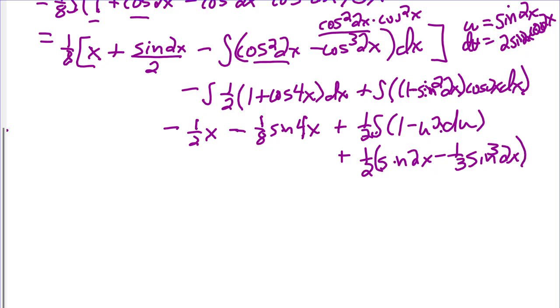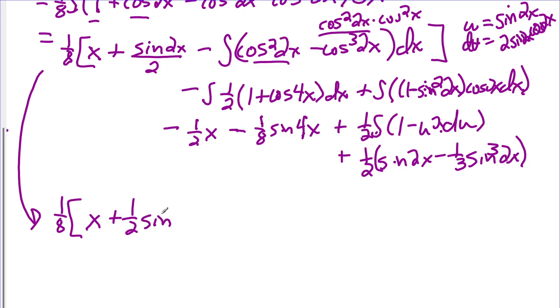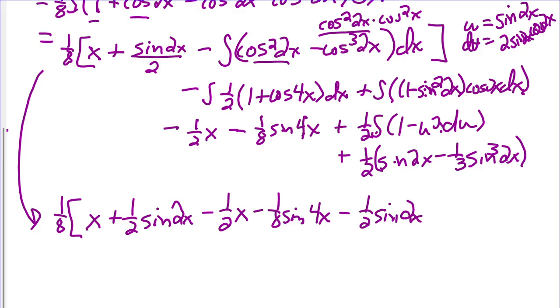So now we can put all of that together. Starting back up from up here, we have then 1/8 times the quantity, our x plus 1/2 sine of 2x minus 1/2 x minus 1/8 sine of 4x minus 1/2 sine of 2x minus 1/6 sine of 2x cubed. We can do some canceling here.